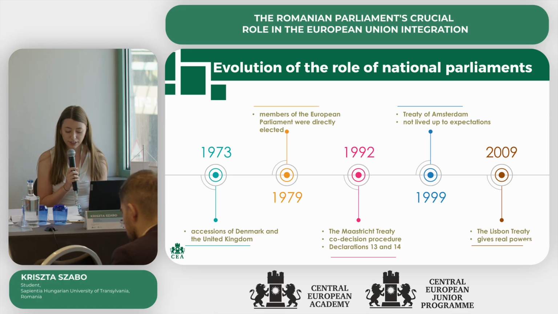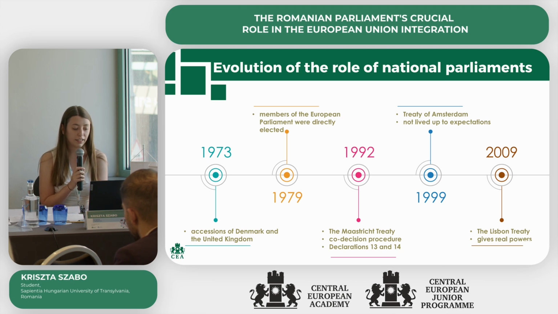Declaration 13 emphasized the need for national parliaments to play a bigger role in the EU. It pointed out that for this to happen, they needed better access to information. And Declaration 14 suggested regular meetings, known as the Conference of Parliaments, or COSAC, to encourage cooperation between national parliaments and the European Parliament.